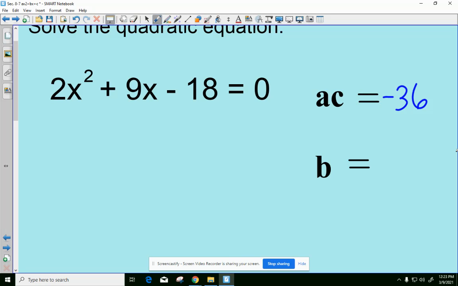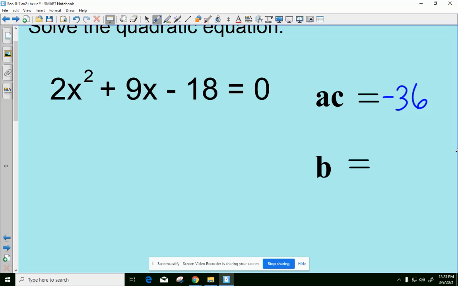I need something that multiplies to negative 36 that adds to positive 9. If you're like me, my go-to for 36 is 6 times 6, and it doesn't work for this one.